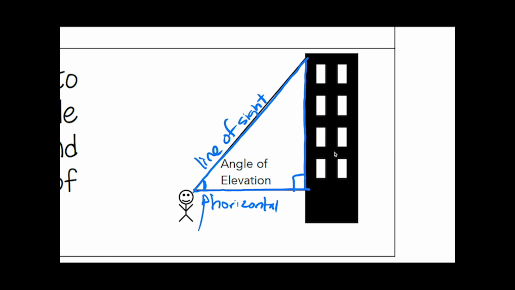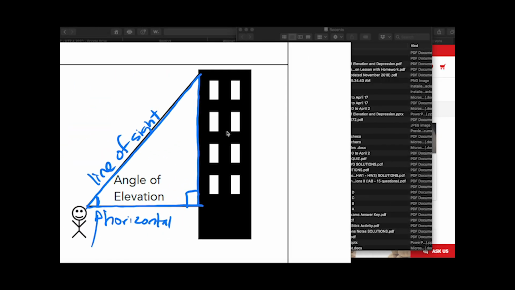It elevates to the line of sight. If you know your angle of elevation, or any distances there, you can plug them in. All you need is two measurements, either an angle or a side, or both, and then you can create your triangle. So let's try example number 1.